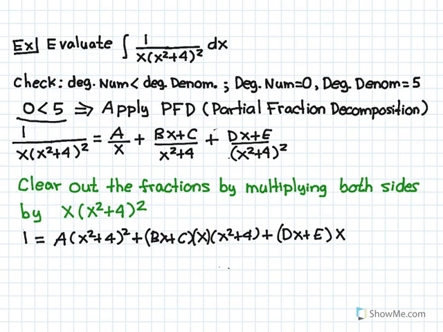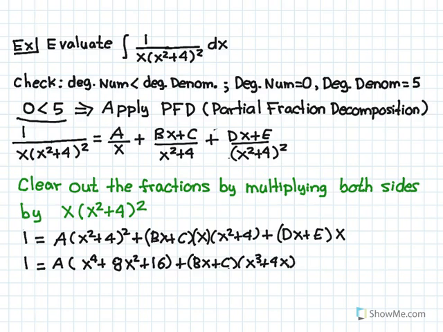Let's multiply this all out. We get 1 is equal to a times, opening this up, x squared plus 4 all squared. The first term gets squared, we get x to the fourth, plus 2 times the product of the terms. The middle term will be 2 times the product of the terms. We get 8x squared plus 16, plus bx plus c. Let's multiply the x through, and we get x cubed plus 4x, plus dx squared plus ex.